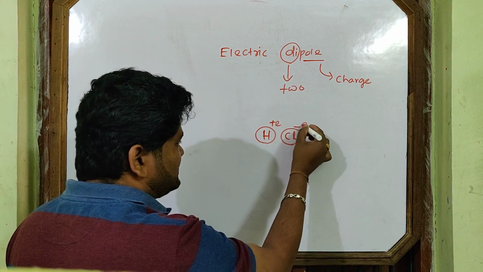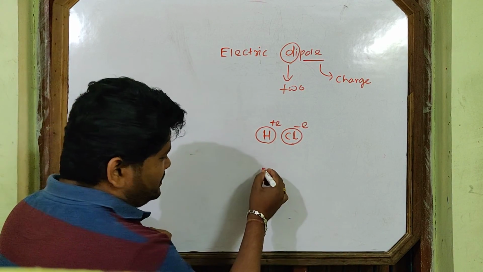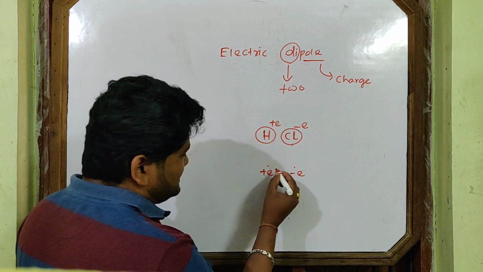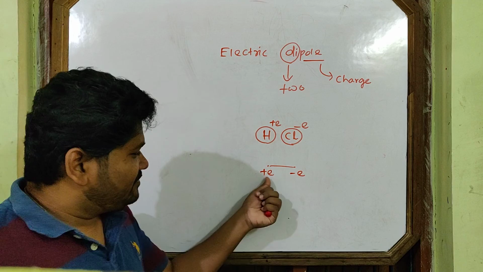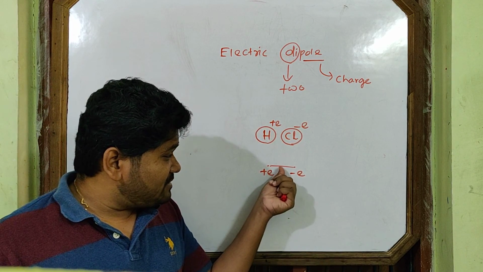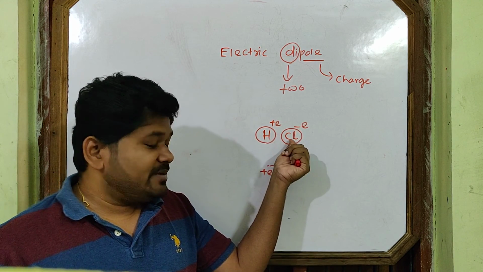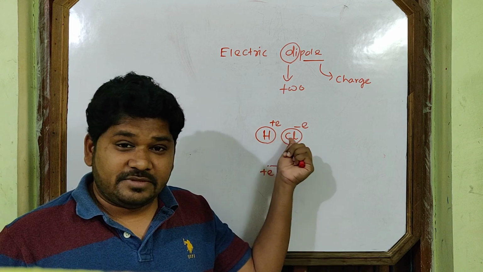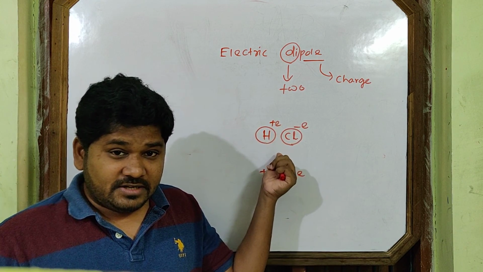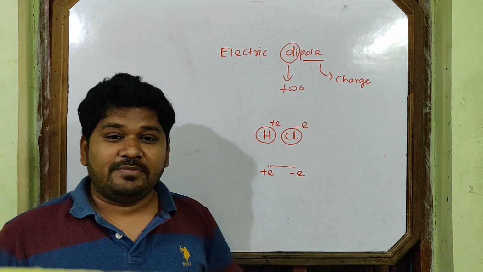So I replace this one with plus E charge, and this one with minus E charge. You see, 2 equal charges of opposite nature, there must be some separation, because the H plus nucleus and Cl minus nucleus cannot coincide, there must be some distance of separation. So this is the electric dipole.